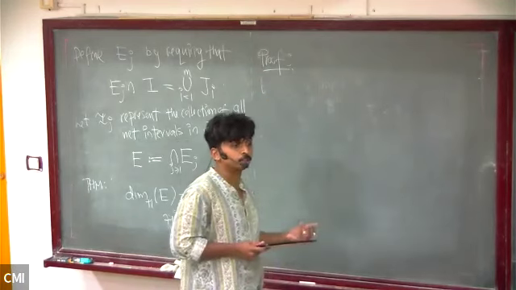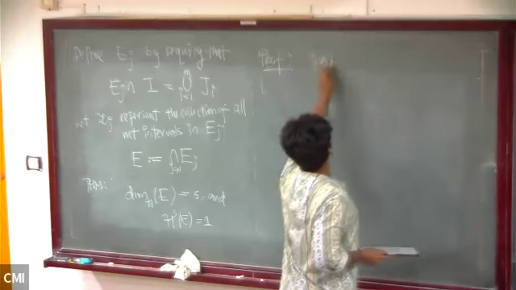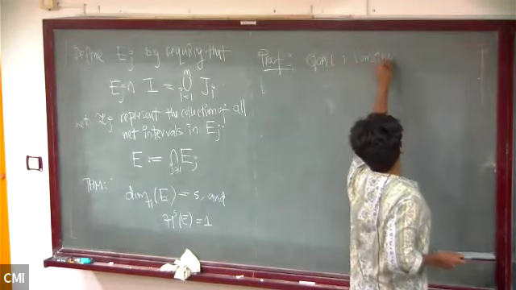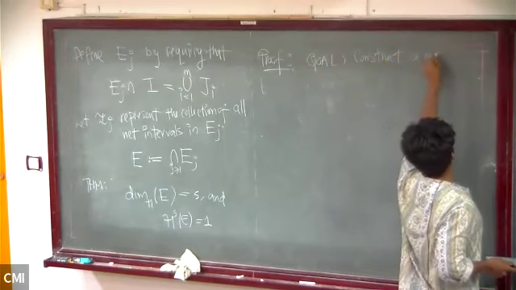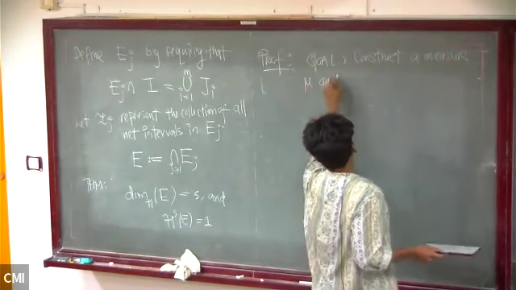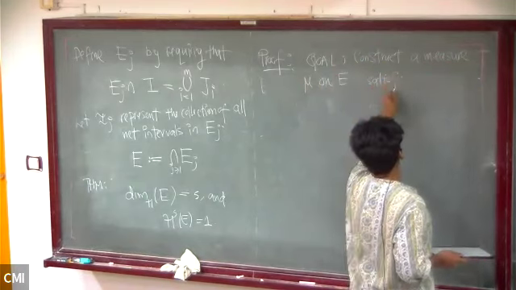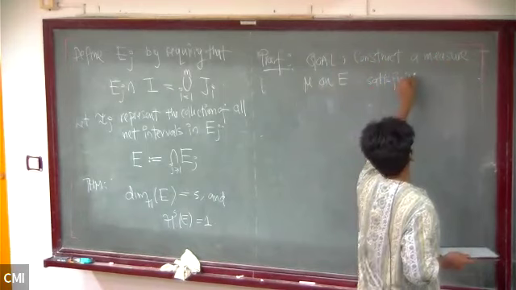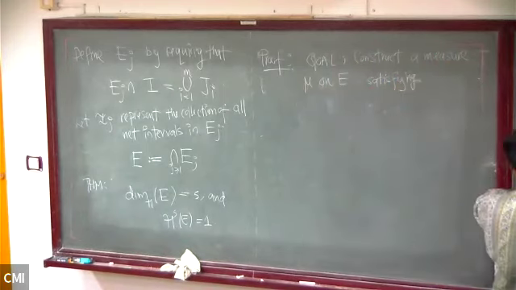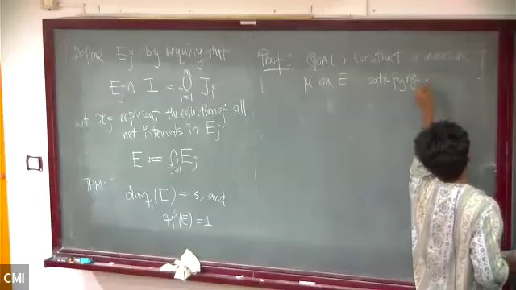So I want to construct a measure mu on E. The goal is to construct a measure mu on E satisfying this inequality, which let me call the S growth condition.